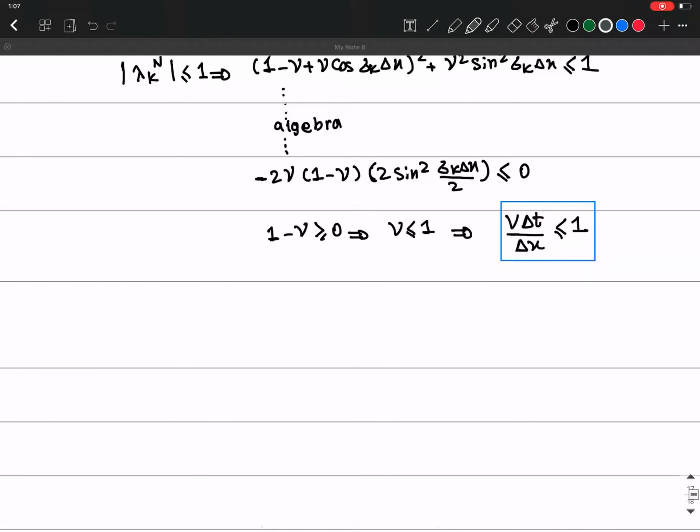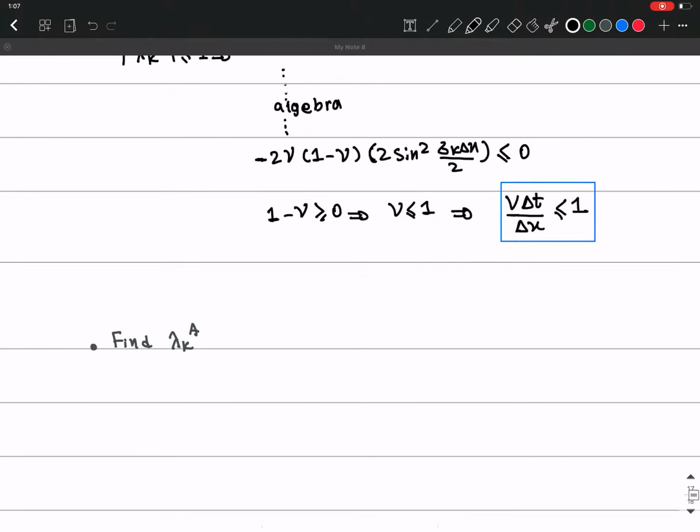So the next thing that I want to do is find lambda k analytical, right? We found lambda k numerical, and now I want to find lambda k analytical.